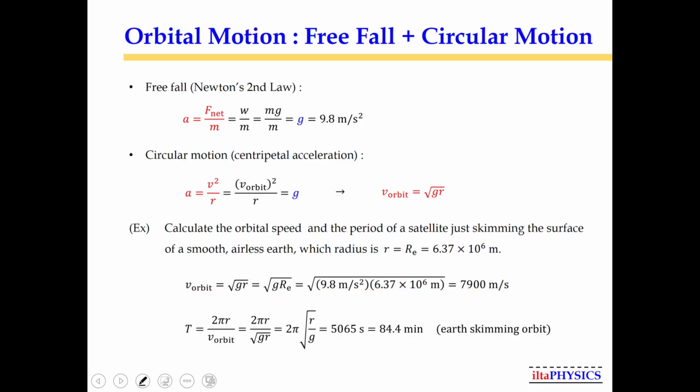Now, let's calculate the time it takes for the satellite to travel once around Earth, its period. In circular motion, the period equals the circumference of the circle divided by the velocity. So if we divide Earth's circumference by the satellite's orbital speed, we get a period of about 84.4 minutes.